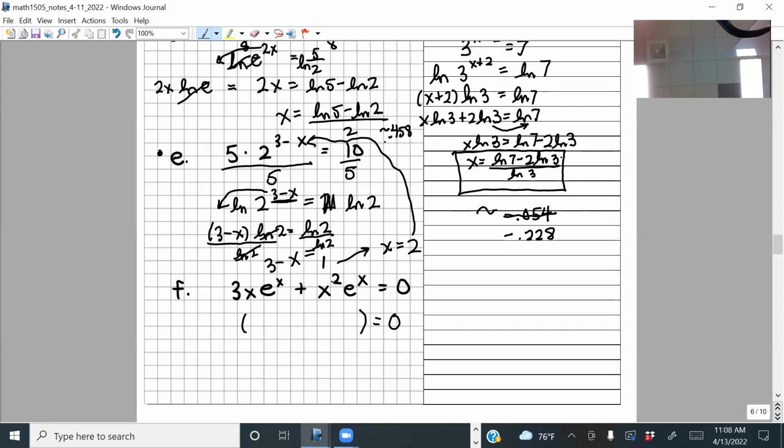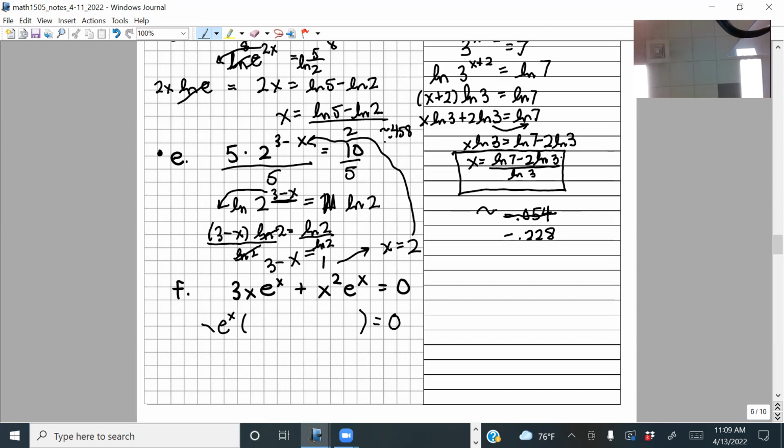e to the x, right? So you know you can factor out an e to the x. That's not it, though. There's something more. What else do you have in common in both of those terms? x, right. You can also factor out an x.